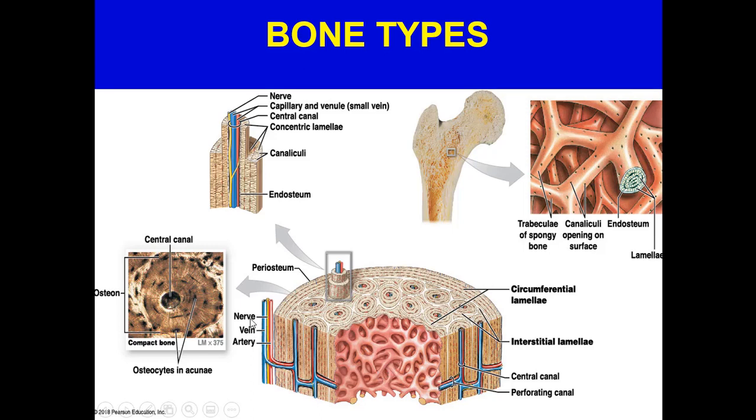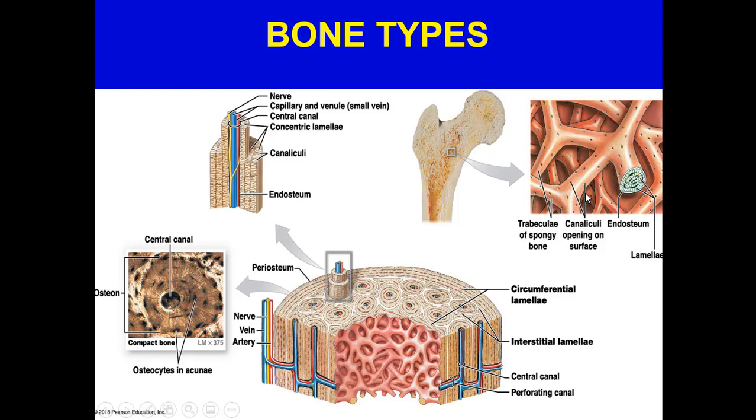If you notice, this is a nice section here of a larger bone. But if you take a look at a sawed in half compact bone like a femur, okay, you can tell this because it's got the head and all the trochlear, etc. What you're going to notice with the spongy bone is that you do have these little spaces. You have canaliculi, you have lamellae, as you can see, but you don't have real osteons.